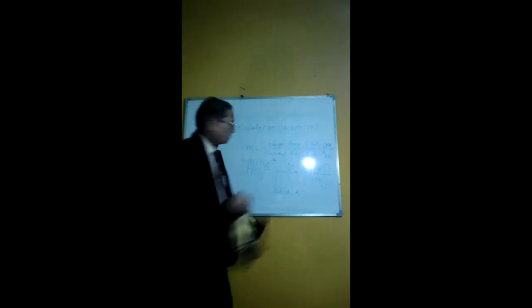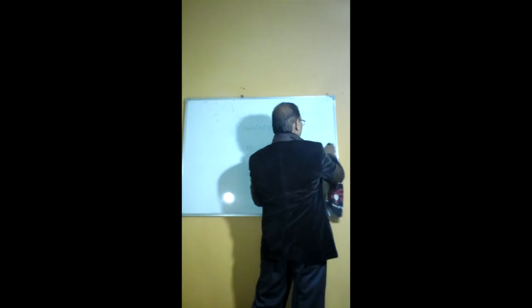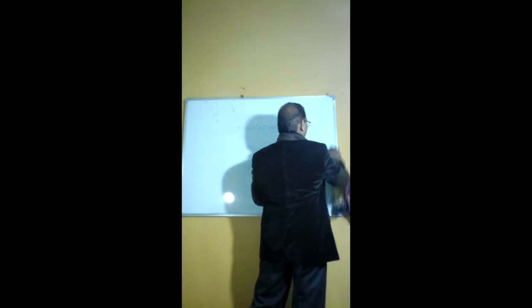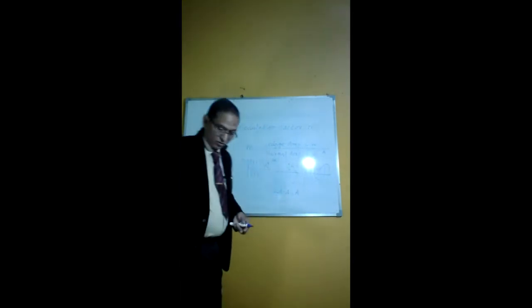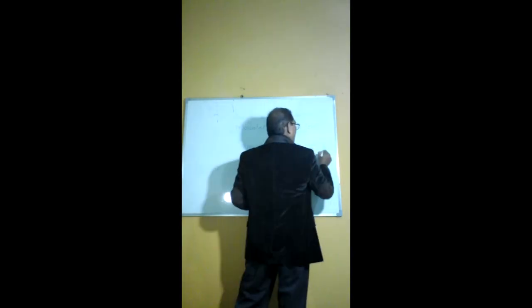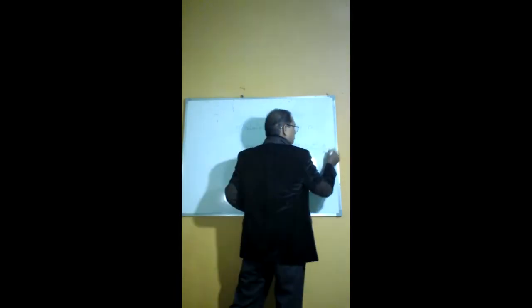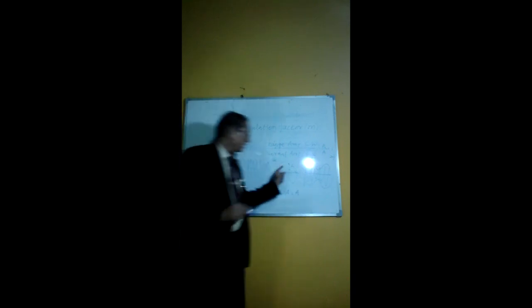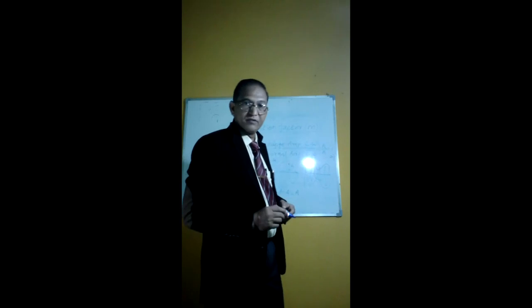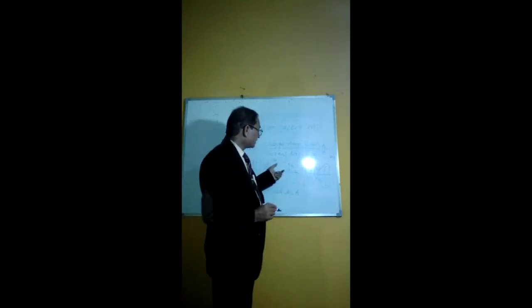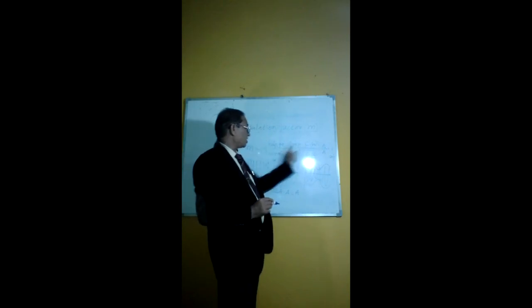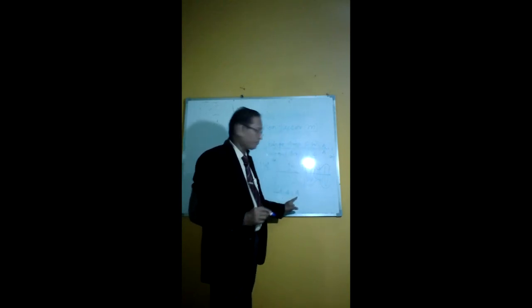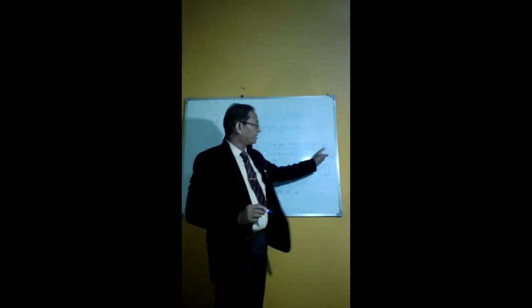Now the modulation factor is to be calculated for this one. The change we got here is A and the normal is A, therefore we get 1, that is 100% modulation. When the amplitude of the carrier wave is A and also the amplitude of the signal wave is A, the change in the amplitude of the carrier wave is A. Therefore, the modulation factor is A by A, which is 1, that is 100%.